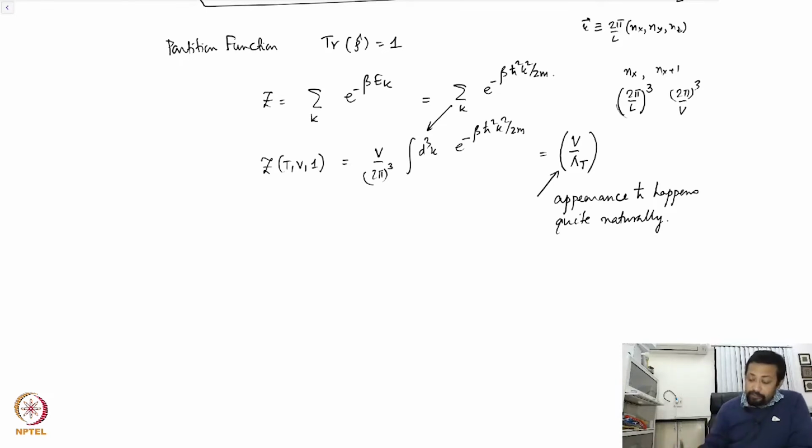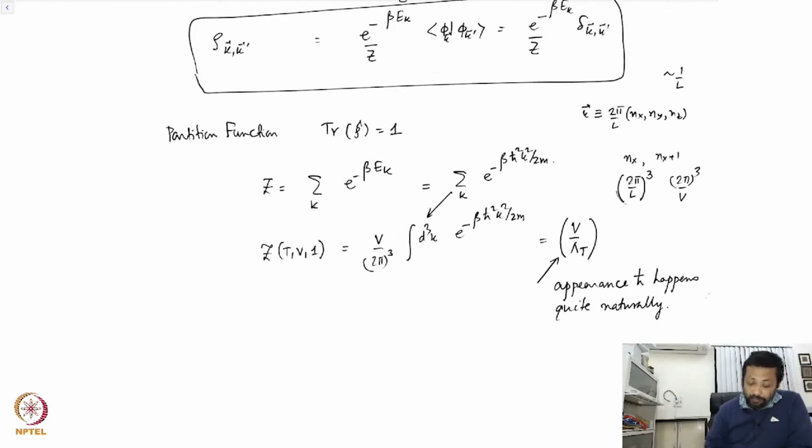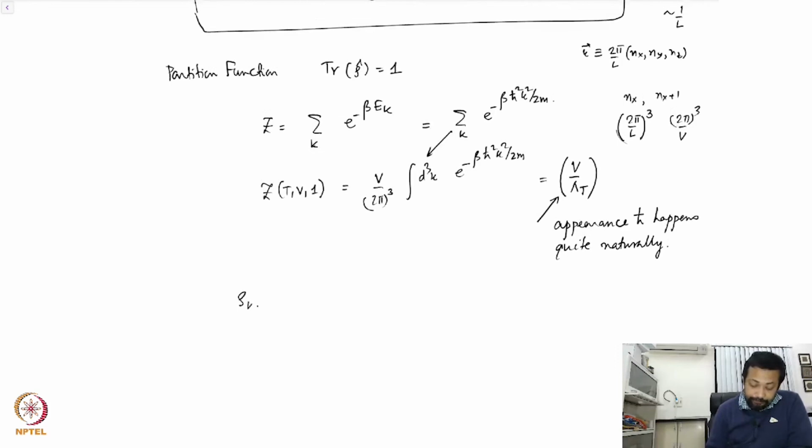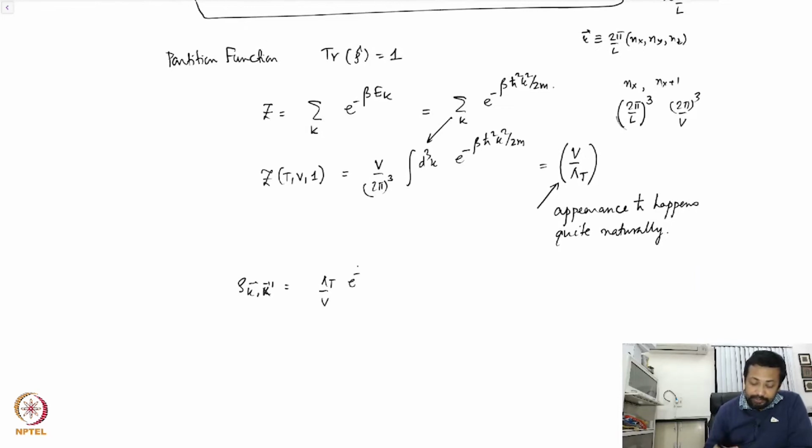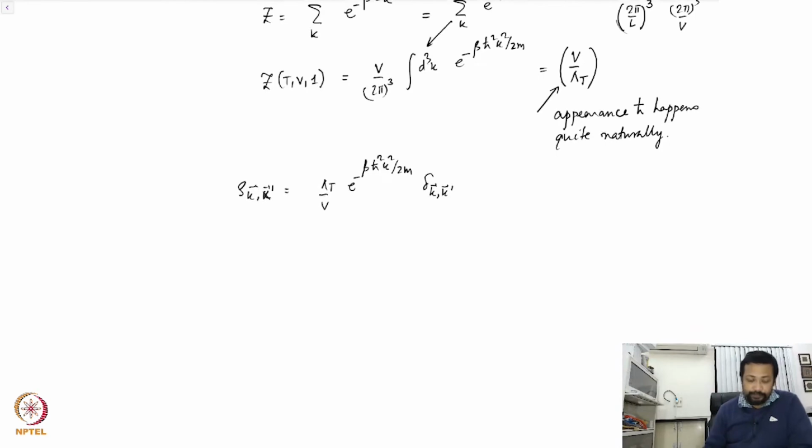But now, essentially I have rho k k prime is lambda_T over V e to the power minus beta h bar squared k squared over twice m delta k comma k prime, right? Now the idea is that I want to evaluate the same density matrix in the coordinate representation.